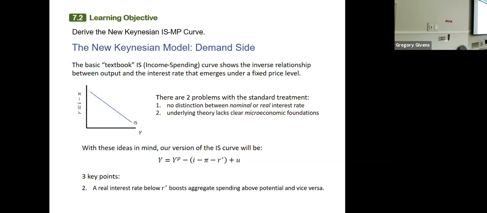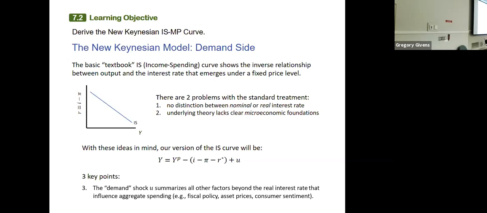This real interest rate term enters the IS equation with a negative sign. And then, of course, if the real interest rate rises above R star, it does the exact opposite. That is a tight or unaccommodative monetary policy, which causes output to fall below potential.